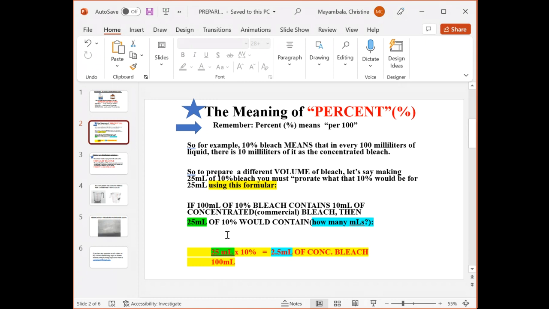So in this case, you'd be adding 17.5 milliliters of pure ethanol plus 7.5 milliliters of pure water. But again, if you follow this formula, it would be the best way to figure out how you prepare any different volumes of whether it's 10% bleach or 70% ethanol or any other solution for that matter.